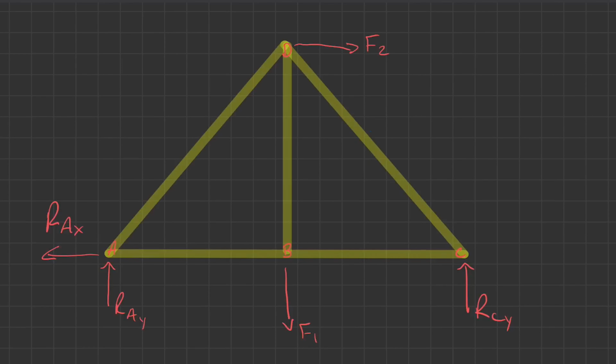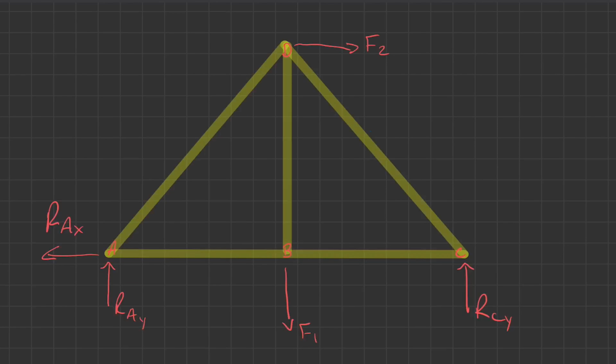Just like that. So now we've got all of our external forces. So what we're going to want to do now is try and figure out what we think is going on inside of the members. Okay.